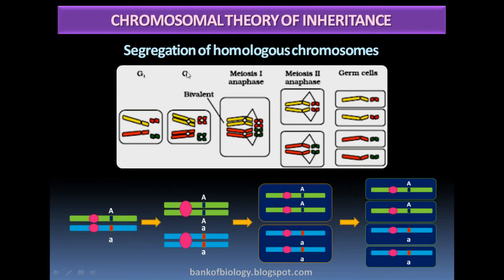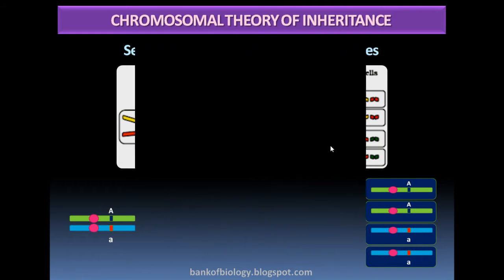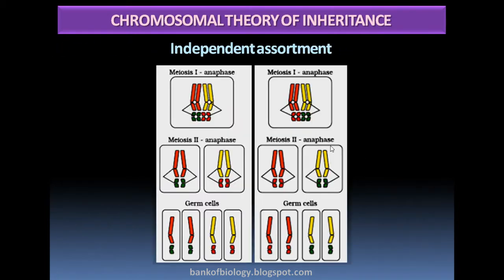When we see the segregation of homologous chromosomes, it is not that the segregation is always the same. They can segregate independently, and this we studied in the law of independent assortment.